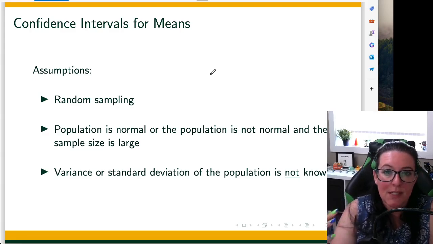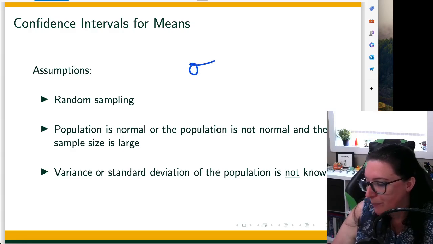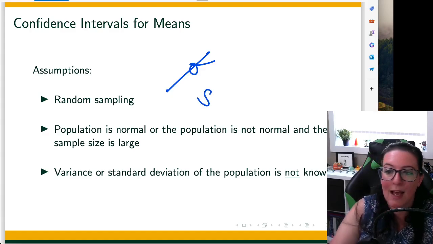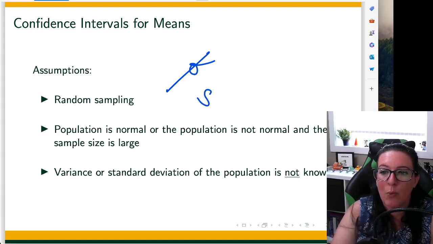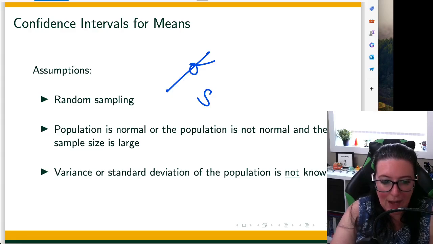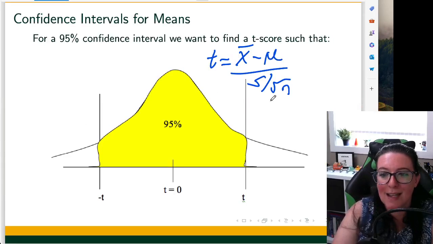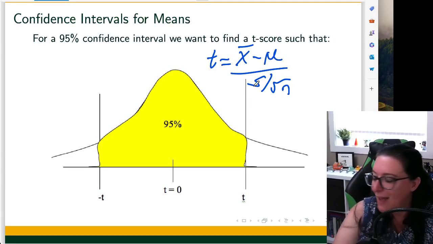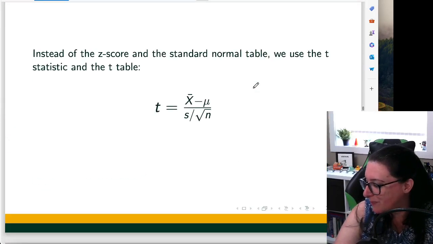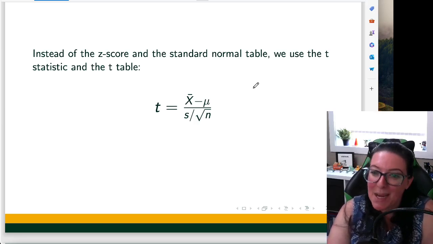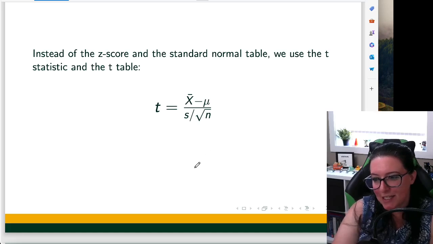The only difference here is we don't know sigma. And if we don't know sigma, we are adjusting that normal distribution with the sample standard deviation. So we're going to use a t-score instead of a z-score, with an s instead of a sigma. We're going to need a t-table to use our t-statistic.